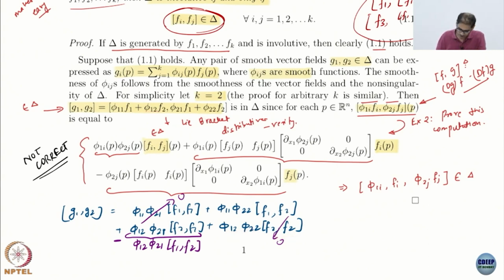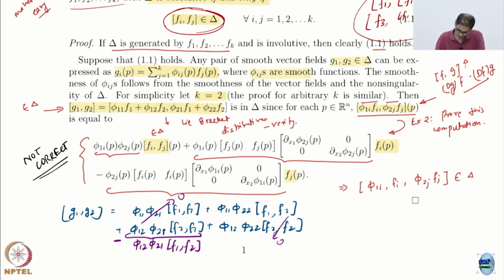Now it should be obvious to you that the Lie bracket of a vector field with itself is 0. So these two are gone. So what am I left with?